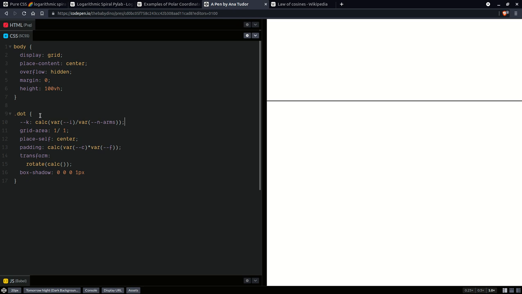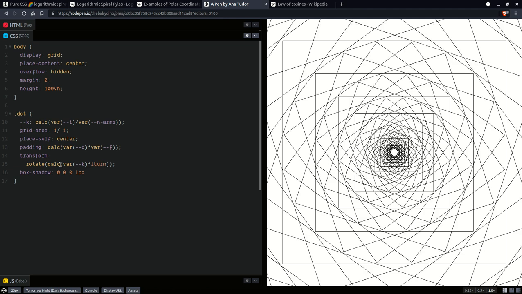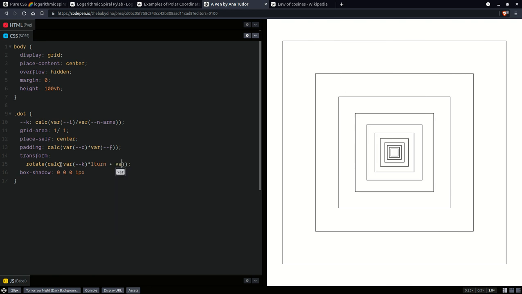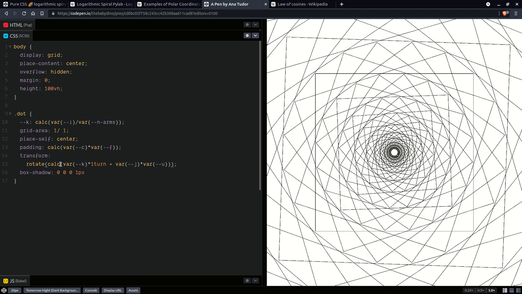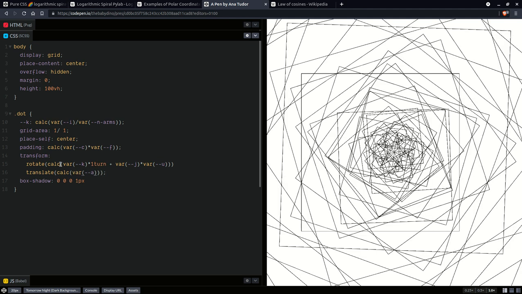The arm index over total number of arms, so here we're going to have k times one full turn, and then we're going to have the component along the arm, which is going to be the index along the arm times the unit angle. Then we're going to have translate, and here we're going to have a, the radius of the very first dot on each arm, times that f factor.